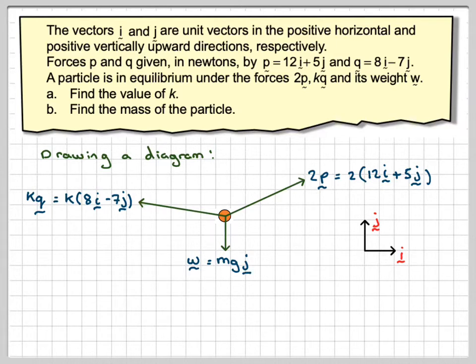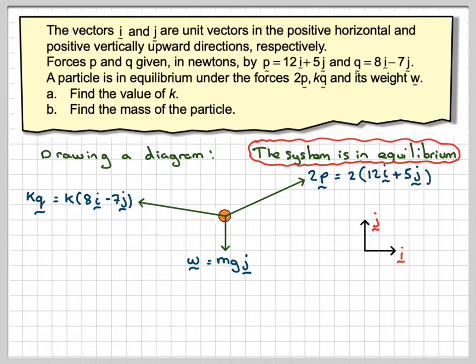Right, so now we can start to resolve to find k. The system is in equilibrium, so that means the i components have to balance each other out, and the j components have to balance each other out. There's no i component in the weight.